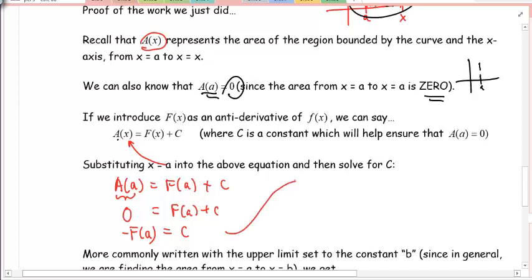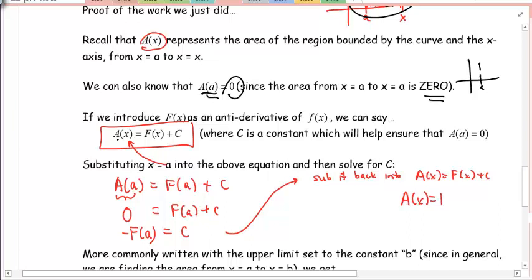And if I were to now substitute it back into this original equation here, A of x equals F of x plus c, then what you've just told me here is you have A of x equals F of x, and instead of plus c, the plus c becomes minus F of a.